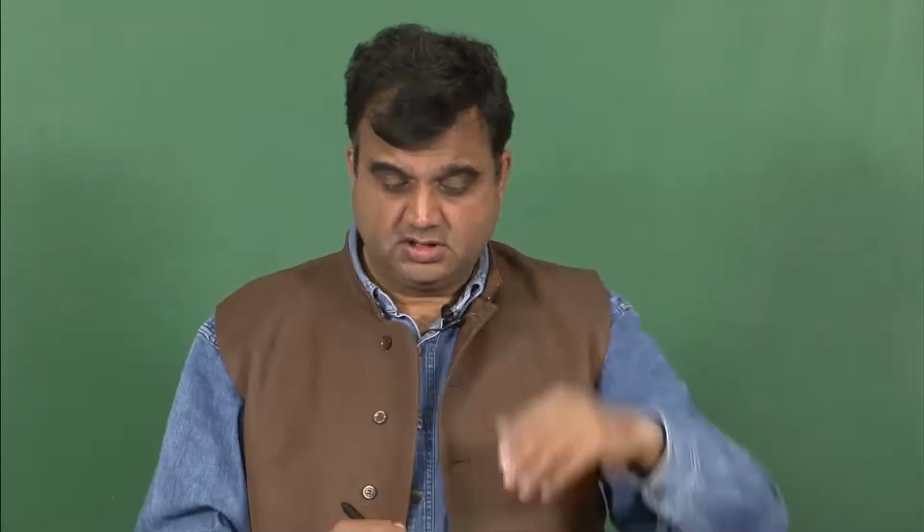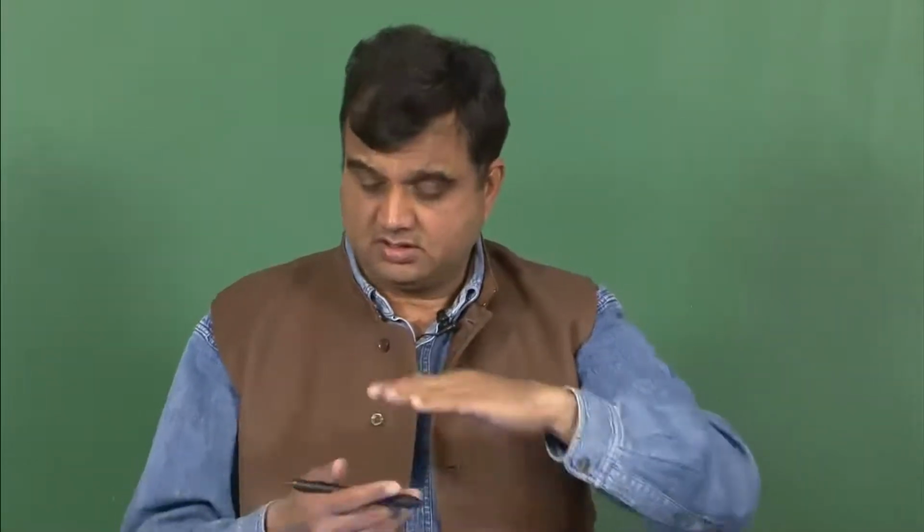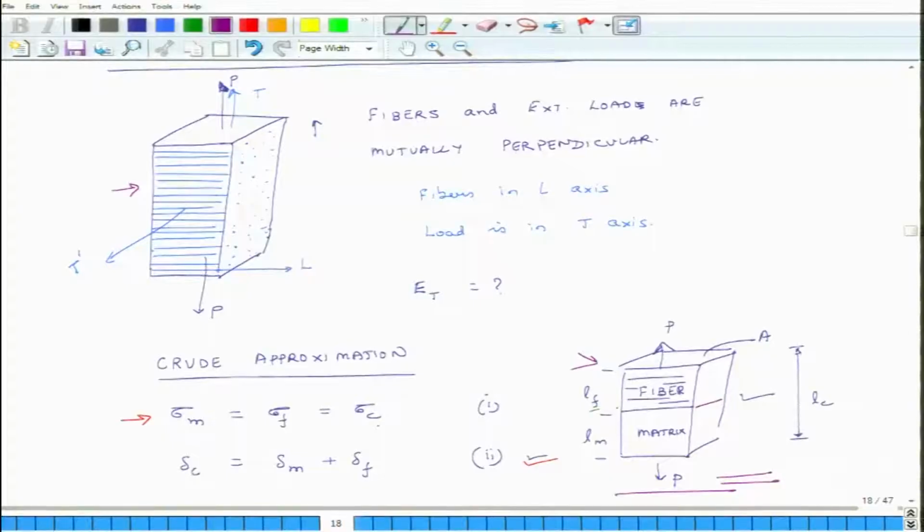But in reality they are not layers; there are fibers continuously dispersed throughout the medium, and throughout the medium you also have matrix, continuous. The fibers are still in the transverse direction, the orientation is not different, but they are continuously dispersed. So we do not have layers, so we cannot have this block kind of a system.